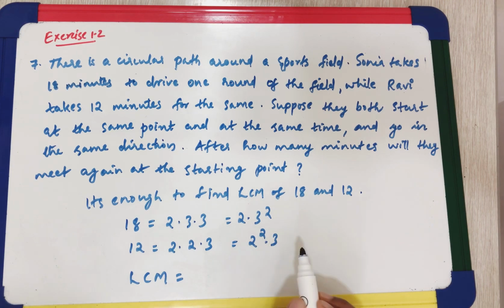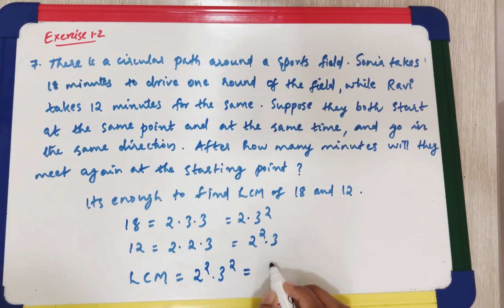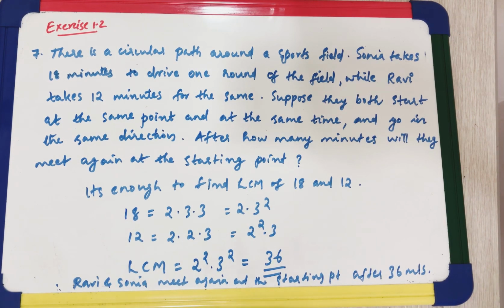Here the prime factors involved are 2 and 3, and the greatest power of 2 is 2 squared, and of 3 is 3 squared. Hence LCM is equal to their product, 2 squared × 3 squared, which is equal to 4 × 9, 36. Therefore, Ravi and Sonia meet again at the starting point after 36 minutes.